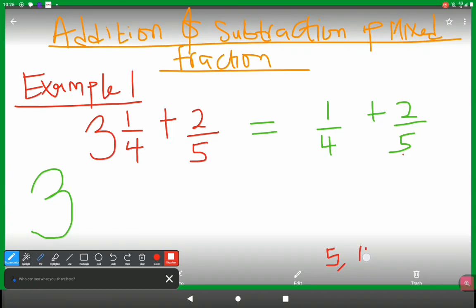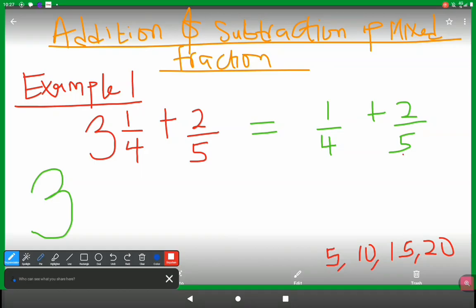Then you check the next one. 10, there's no 10 in the 4 times table. 15, there's no 15 in the 4 times table. Then 20, yes, there's 20 in the 4 times table. So therefore, I'm going to make the denominators 20.